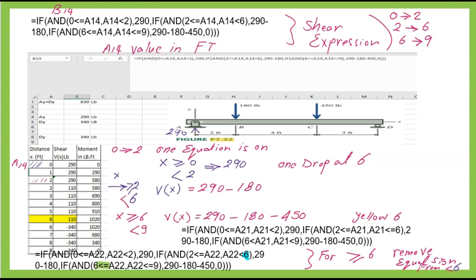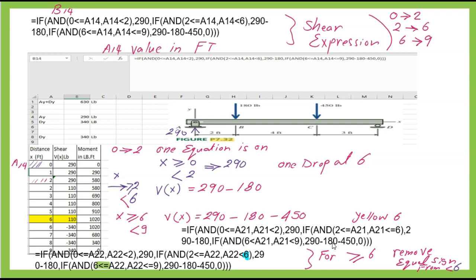Because this is the first 6, we are concerned by the equal and less than, to catch the first 6. Comma 290 minus 180. The third condition, if and A21 bigger than 6, comma A21 less than 9, comma 290 minus 180 minus 450, comma 0, and 3 brackets.